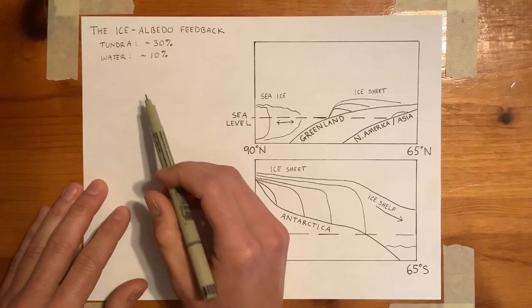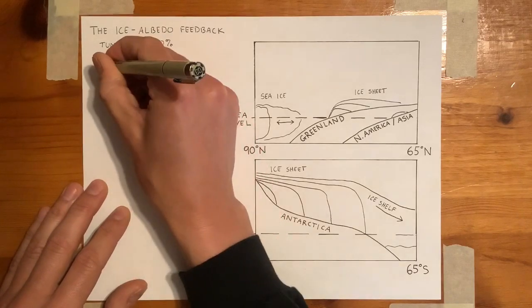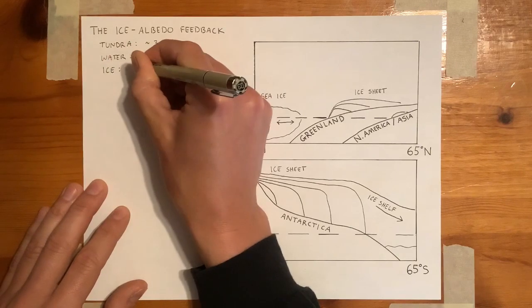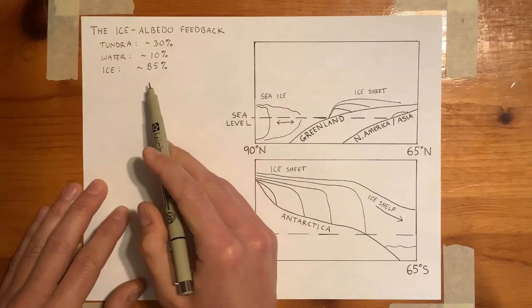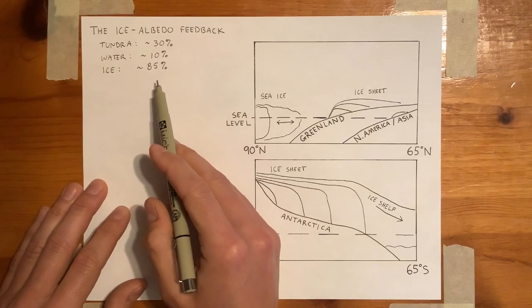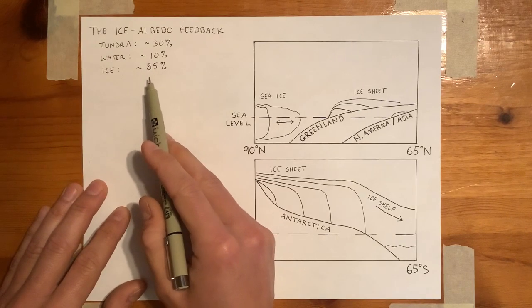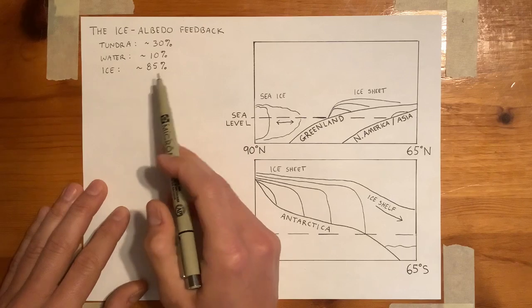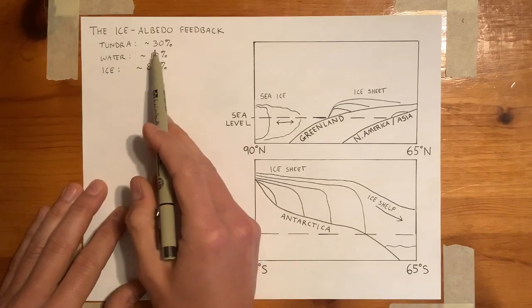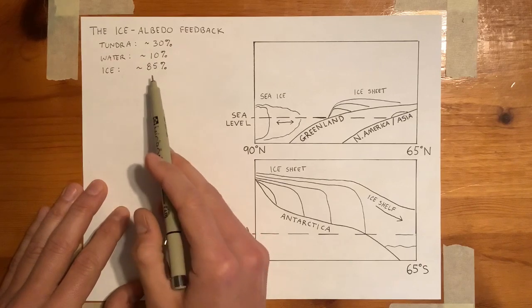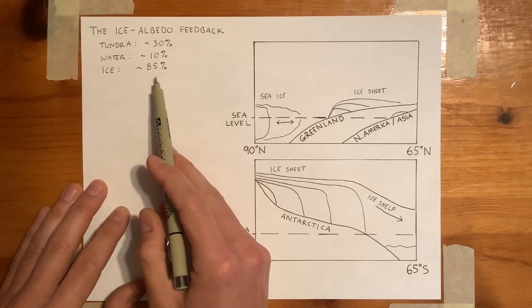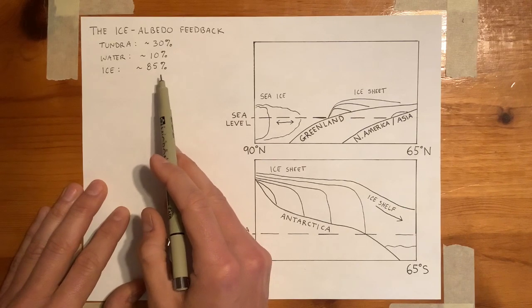Okay, how does that compare to the albedo of ice? The albedo of ice is a whopping 85%, give or take. It can vary, but it's much, much higher than average continental grassland or tundra or ocean water, right? So 85% of the sunlight that hits ice is reflected off of that surface.